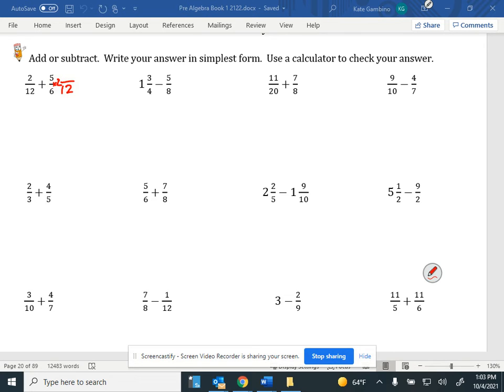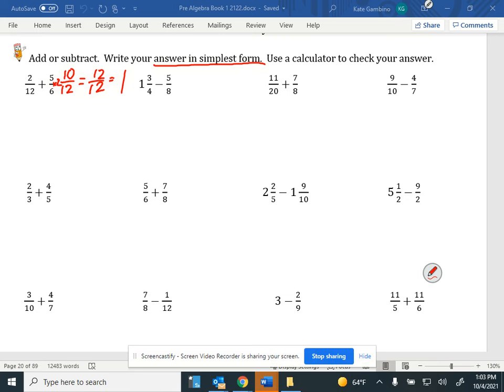So if I did 6 times 2 is 12, I need to do 5 times 2 is 10. And then I add them. 2 plus 10 is 12 over 12. And it says, answer in the simplest form. So we need to simplify, simplify, simplify. You have a question, Cole?